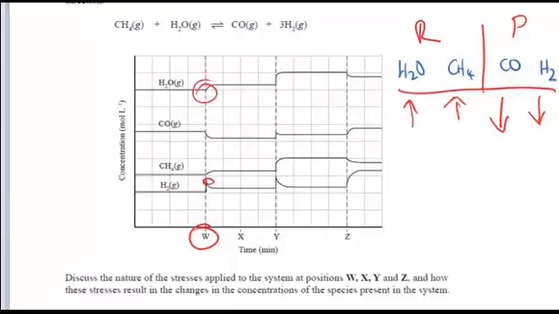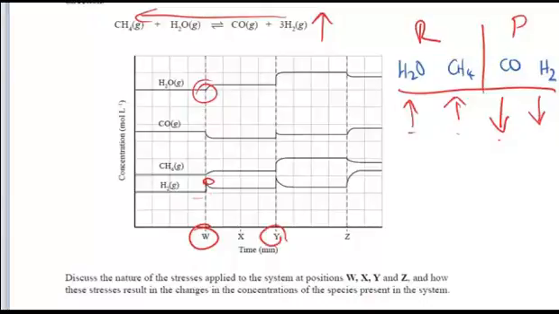When we add H2, it's going to shift to the left hand side as it responds to the stress of the change, and that means we're going to get more H2O and CH4. We've got a decrease in CO, and even though the H2 goes down, it's not going to go to less than what it was before. Basically we'd go through explaining that with reference to the equilibrium.